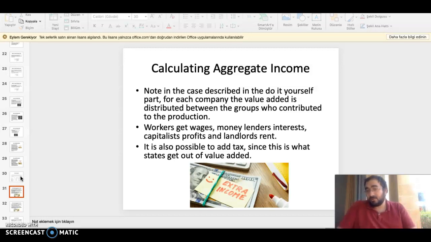So we don't need to count them again in that sense. We have already counted them when we are calculating the value added of those companies that are producing those inputs. So when we add up the income of everyone in that country, it should be equal to GDP in that sense.